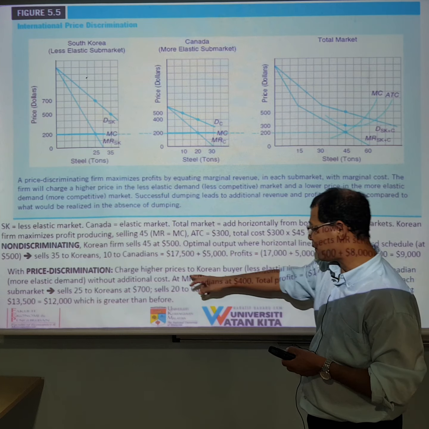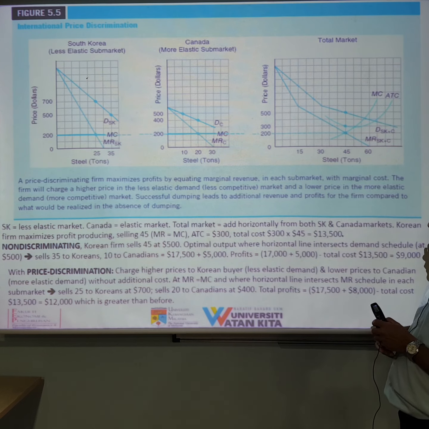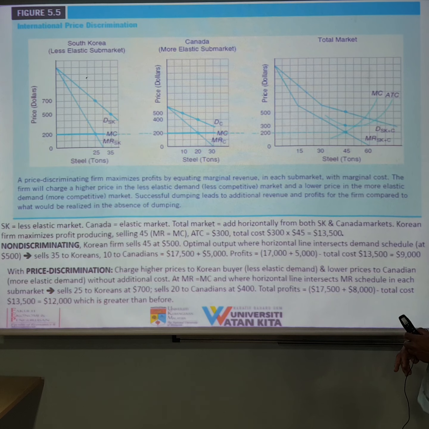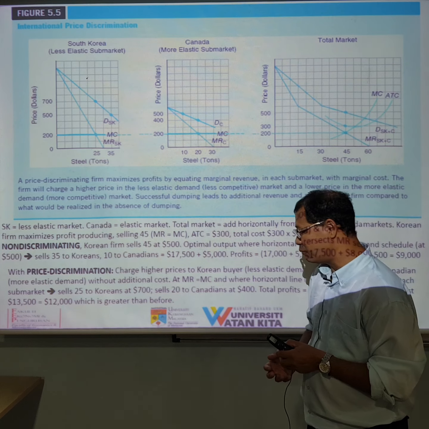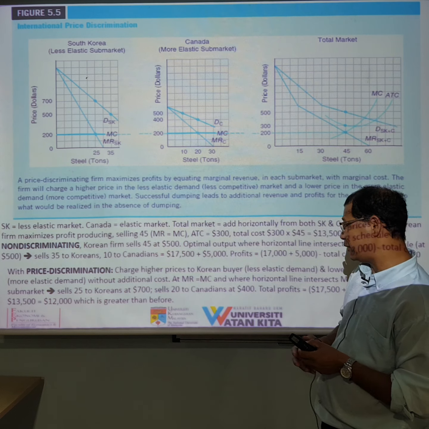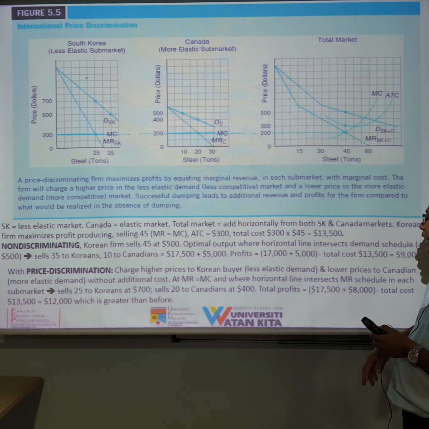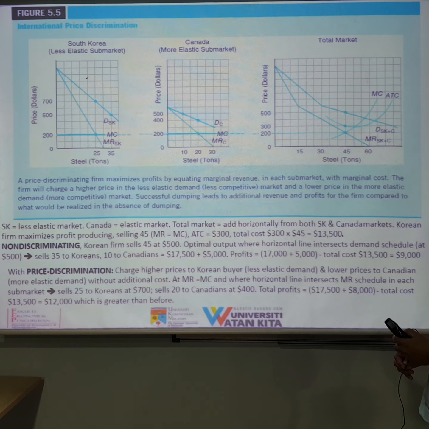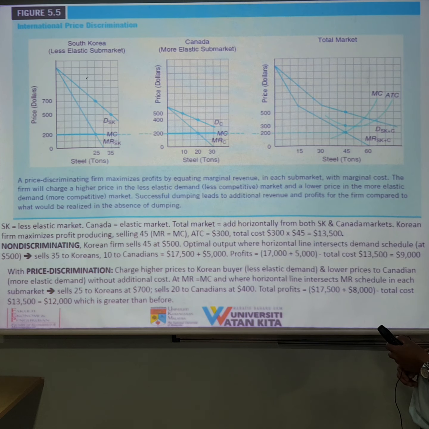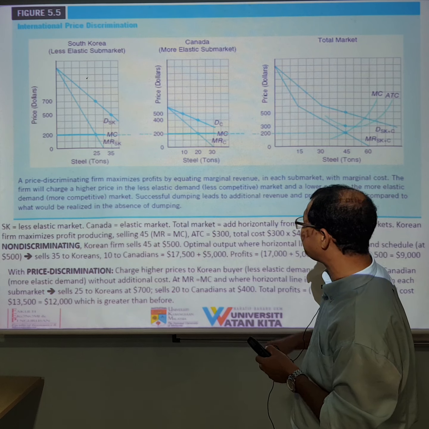Now, with price discrimination, dumping: charge higher prices to Korean buyers, who have less elastic demand, and lower prices to Canadian buyers, who have more elastic demand, without additional cost. We maintain the principle that marginal revenue equals marginal cost, where the horizontal line intersects the marginal revenue schedule in each submarket.